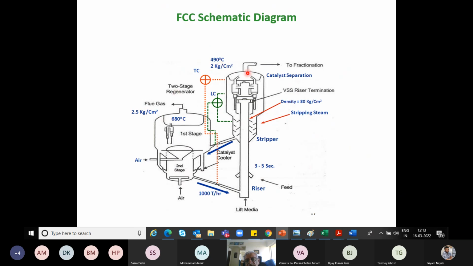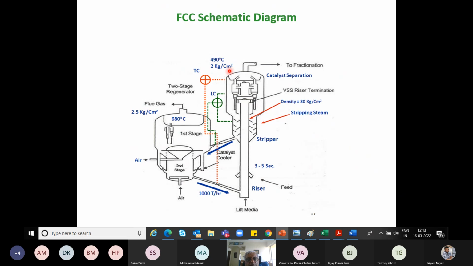For example, as you can see, the reactor operates at a pretty low pressure. In fact, this is why FCC units are very useful, and they make more money, because any cracking reaction is not only endothermic, but it also creates extra volume, huge volume. So it is always beneficial to operate at low pressure. So you can afford to operate the reactor at as low a pressure as 2 bar.